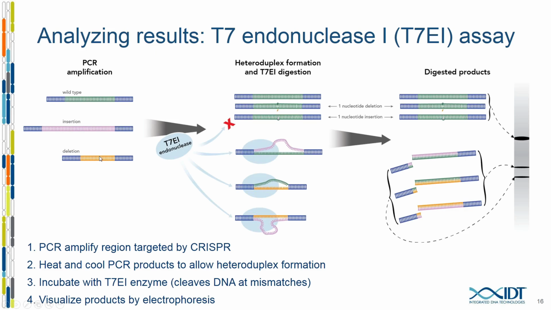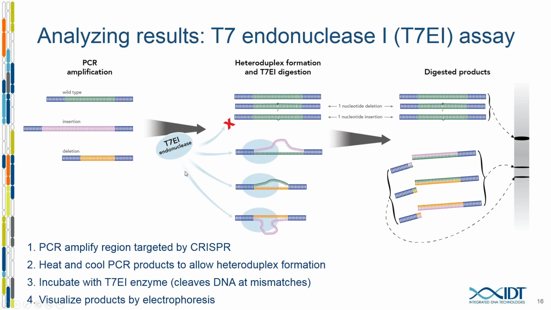After the first initial rounds of PCR, there's one final heating and cooling step, which allows all of these different strands to denature and then reform, potentially introducing heteroduplexes right at that CRISPR target site. So if a wild-type strand binds to an insertion strand or a deletion strand, you end up with predictable mismatches at that target site.